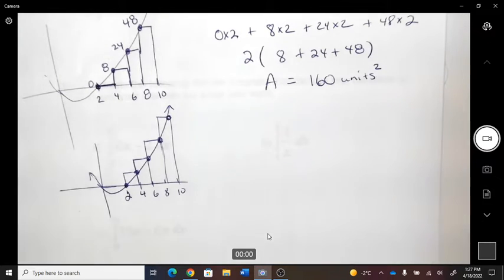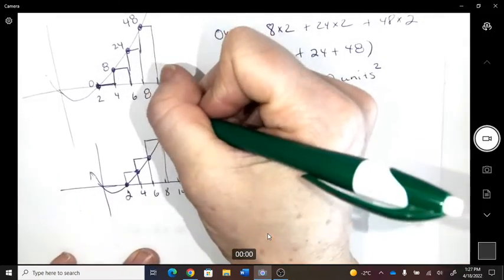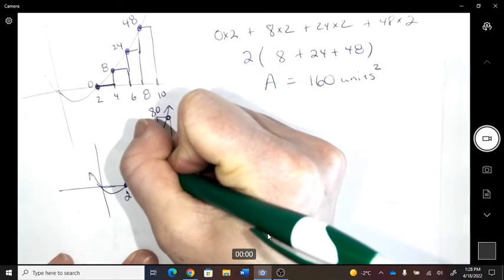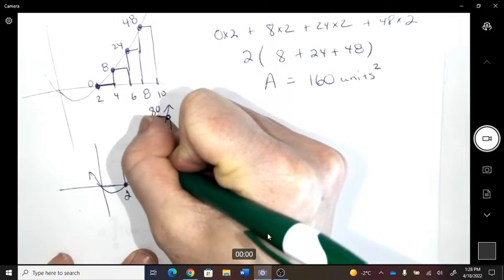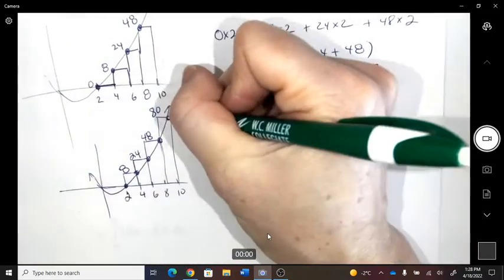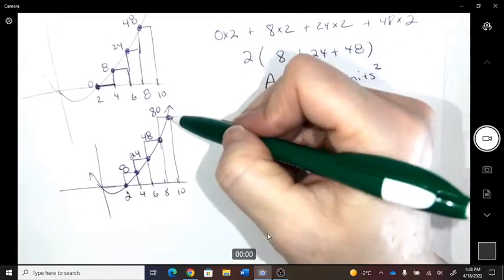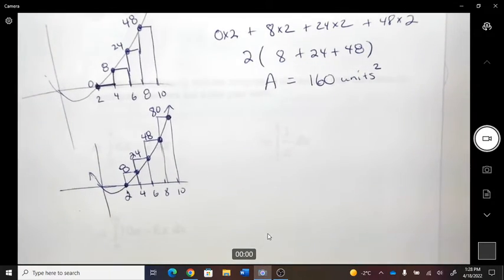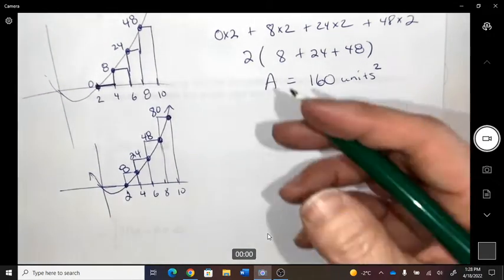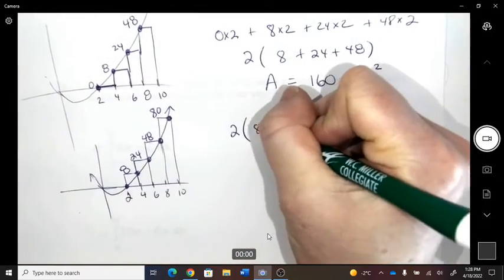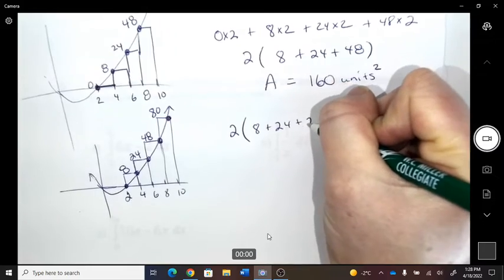Okay, we've already done all the front work. So at 10, we were at 80. 8 was 48. 6 was 24. And 4 was 8. Okay, do you understand why I'm using 10 on this one? The height is from 10. Okay, I'm already going to shortcut because they're all too wide. And then I'm going to add the heights.